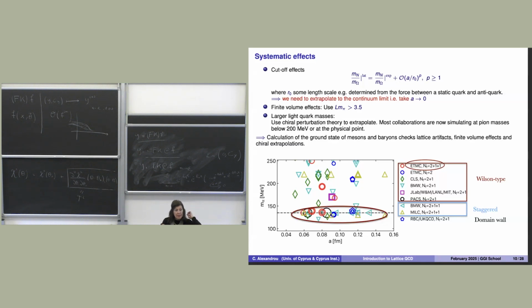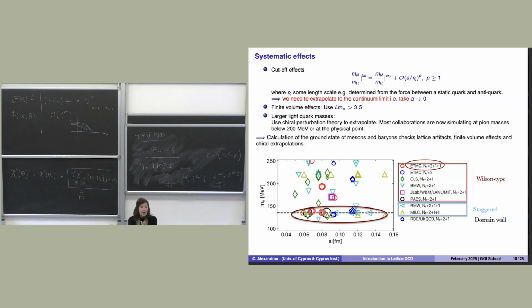Why are there some points which are below the physical pion mass? Yes. The other question is, can you give us a very short feeling of the main collaborations and where they are? Yes, of course. Remember, in order to fix the masses, and maybe I will show you this later on, I have to input bare parameters.